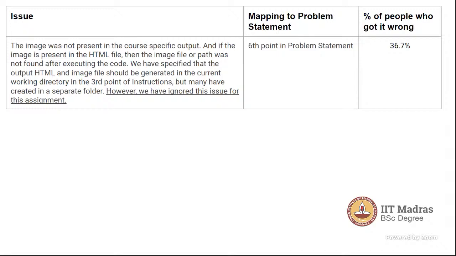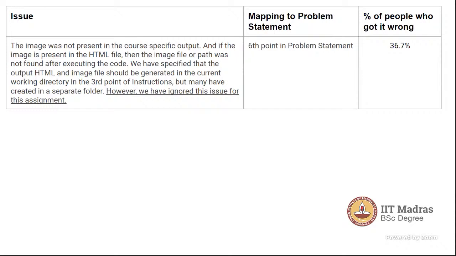There is one more thing that I would like to mention here: it was specifically mentioned in the lab assignment statement too that whatever files you will be creating, whether it's the output.html file or any other image file, for example in this course specific output you are supposed to create one histogram image, both of these things should be created in the current working directory where you are working at that moment.